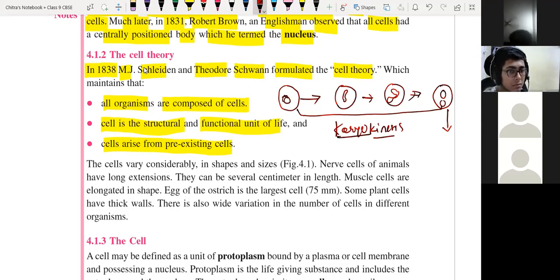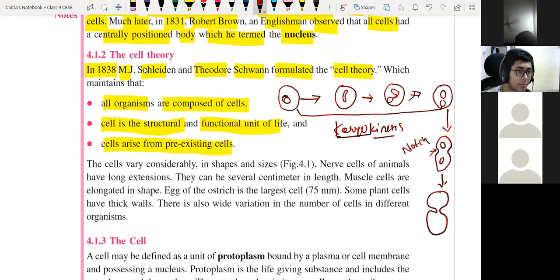Then cell division starts. If it is an animal cell, the cell becomes like this. This particular part is called the notch. The notch becomes deeper in further stages like this, and ultimately two cells are formed.